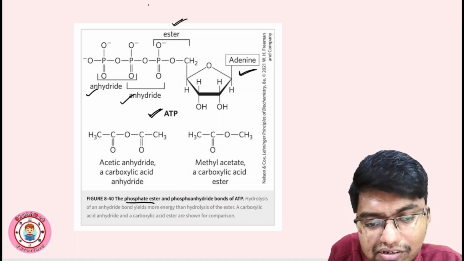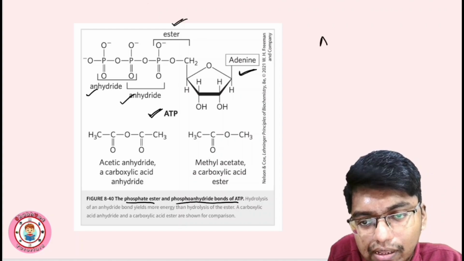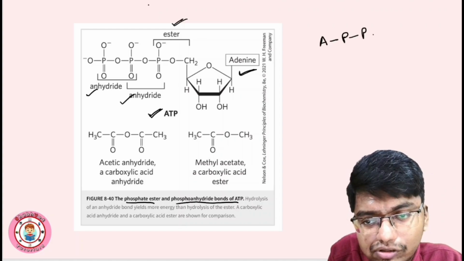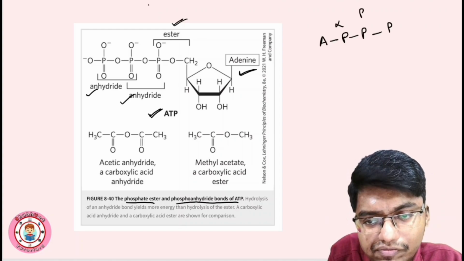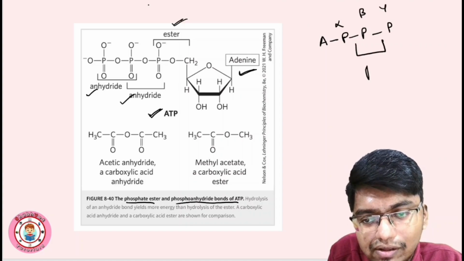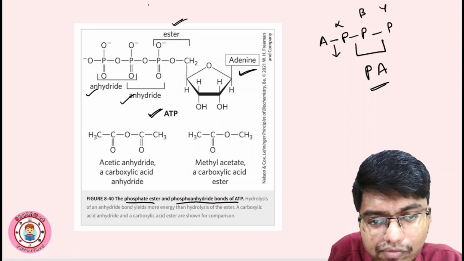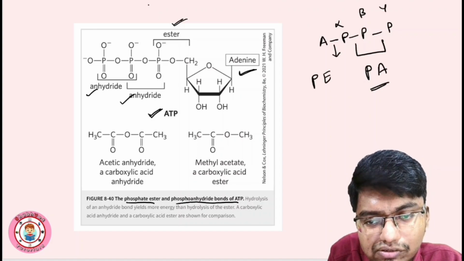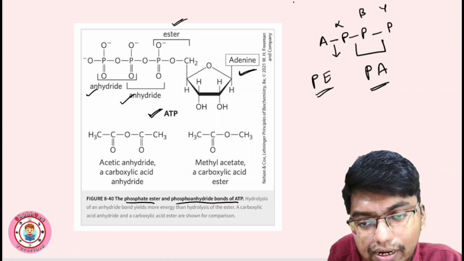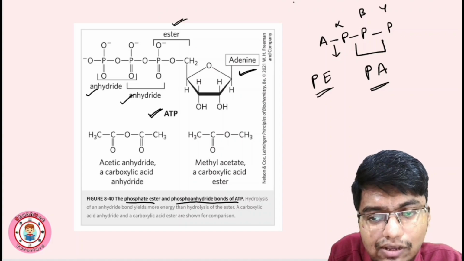Phosphate ester and phosphoanhydride bonds of ATP: this is the alpha, this is the beta and gamma phosphate. These two bonds are phosphoanhydride bonds. This is a phosphoester bond. And between adenine and ribose sugar, there is an N-glycosidic bond.